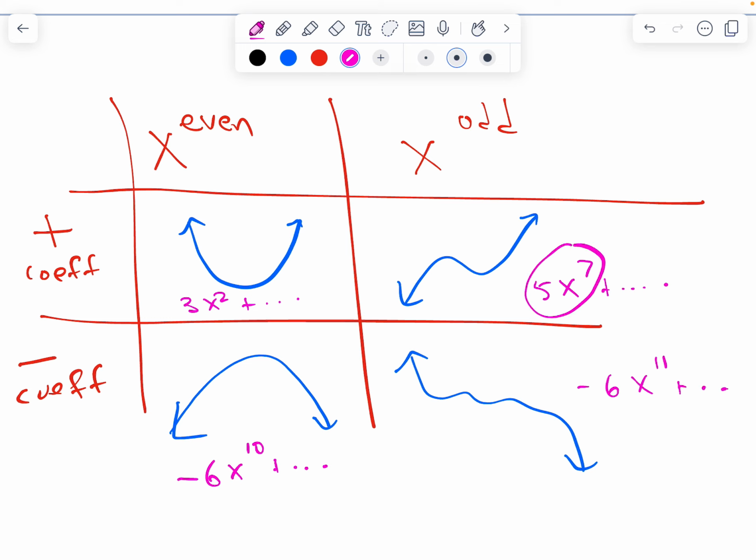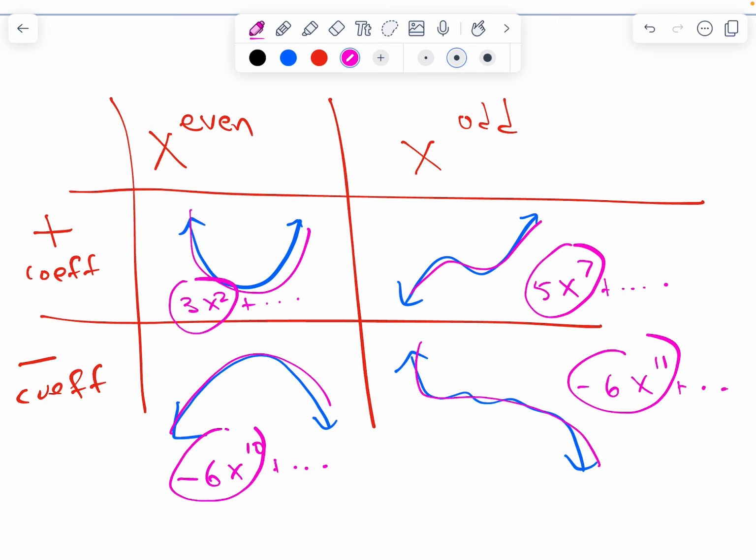Only the leading term will affect the end behavior. Okay, so again, evens are smiley faces or frowny faces. Odds wiggle up or wiggle down. And if they're negative, then it's going downhill. So think about a negative line, y equals negative 2x, then it's a line going downhill.